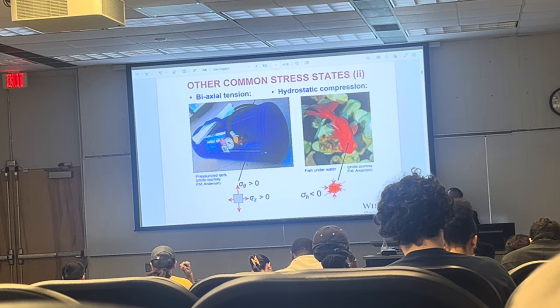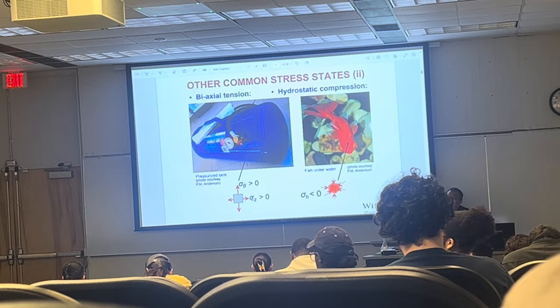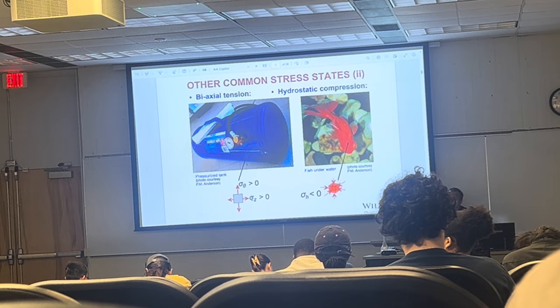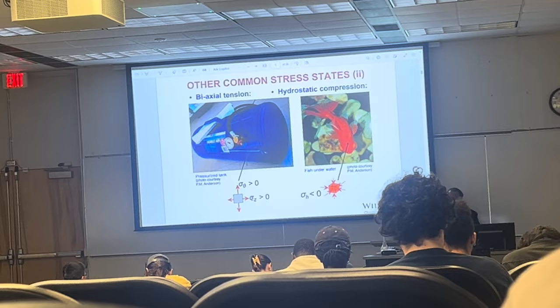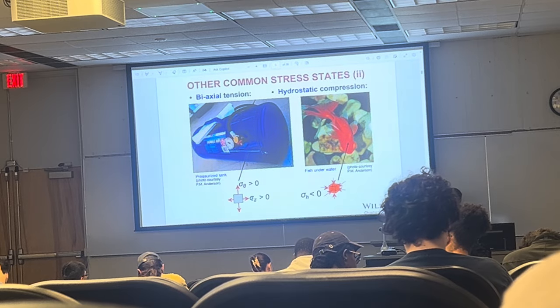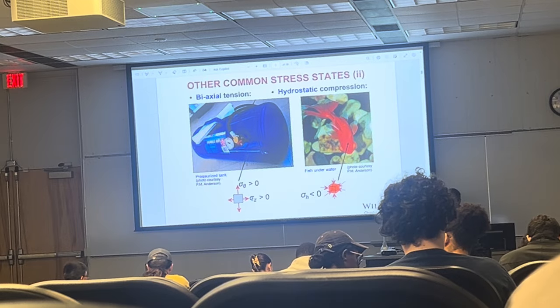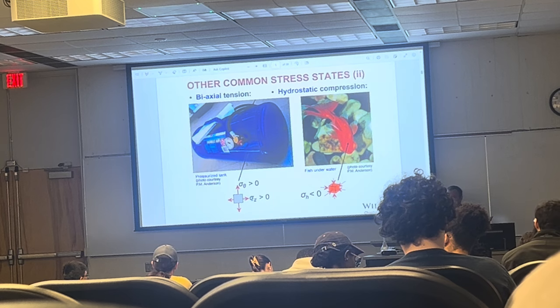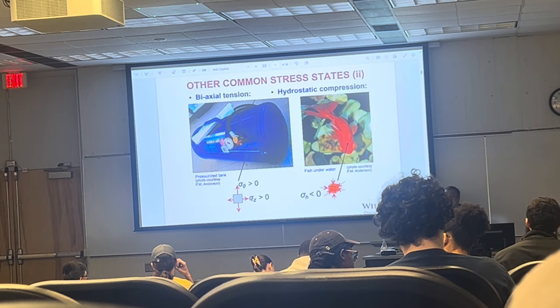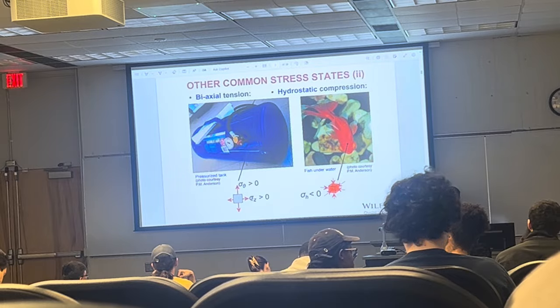Sorry, isn't that just a piece of the component that you take out and then you reference it to the rest of the tank? Well, I can tell you that when this thing fails, it fails as a whole thing. It doesn't fail as a little tiny piece. But you're right, we're looking at a very small element, which is part of that.